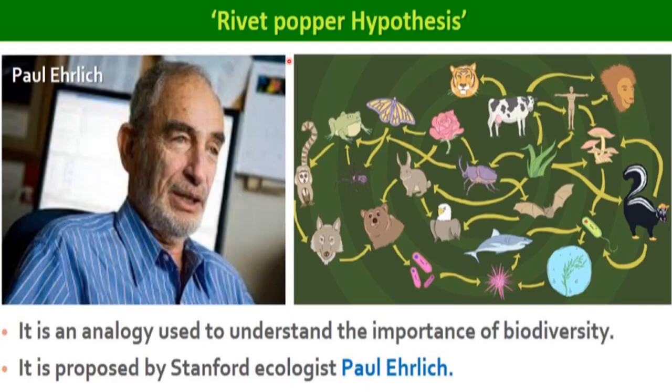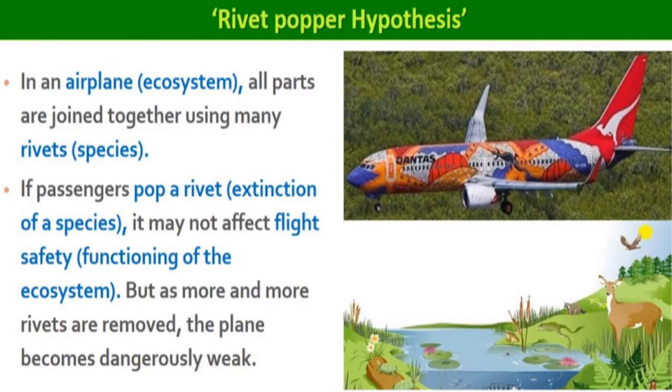Now we can understand the importance of biodiversity by the Rivet-Popper hypothesis. The Rivet-Popper hypothesis is an analogy used to understand the importance of biodiversity, and it was proposed by the Stanford ecologist Paul Ehrlich. Here an aeroplane represents an ecosystem.